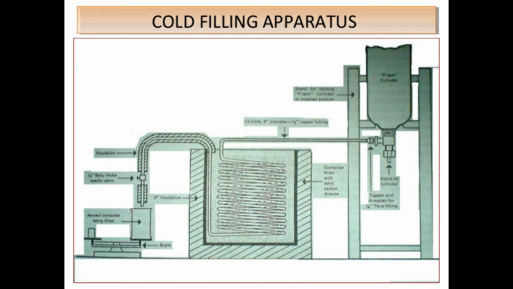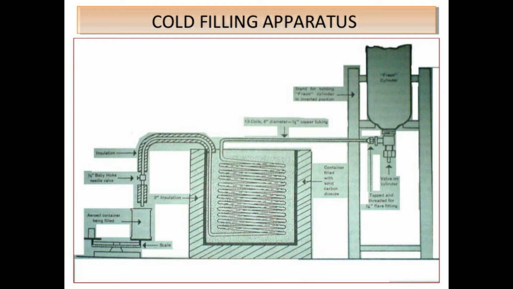Hydrocarbon propellant cannot be filled into aerosol containers using this apparatus because a large amount of propellant escapes and vaporizes. This may lead to the formation of an explosive mixture. Fluorocarbon vapors do not form any explosive or flammable mixture, though their vapors are heavier than air.